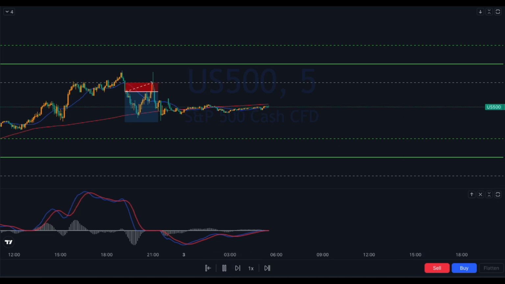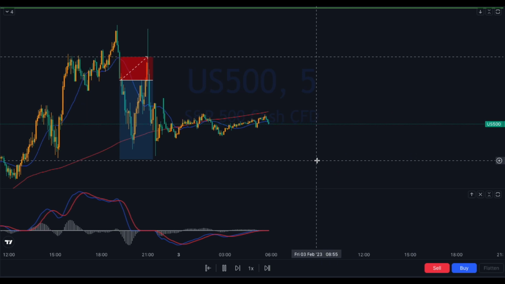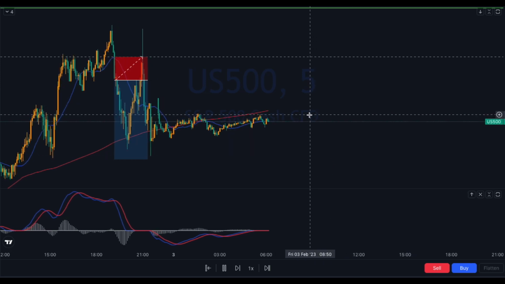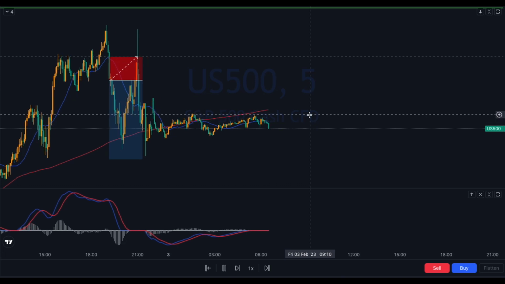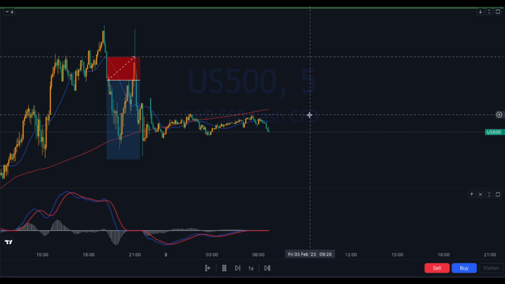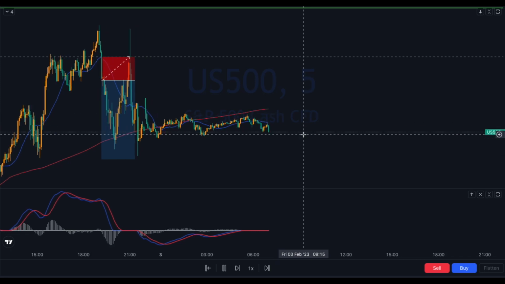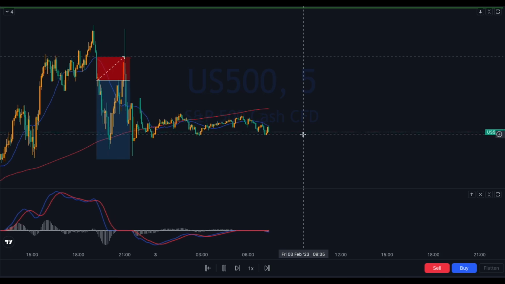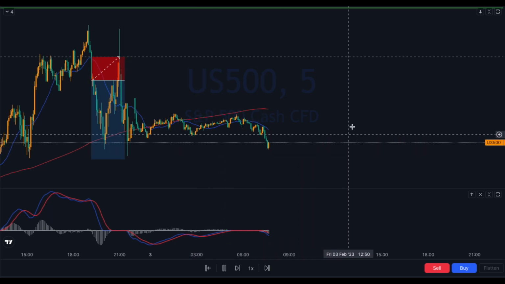Okay, let me make this a little bit. I'm just trying to spot areas where we could get a potential violent push. Okay, so we've got something down here. Okay, so it's broken through, because there's actually an order block sitting over here, a little 5-minute one. It's broken through it, which is fantastic.